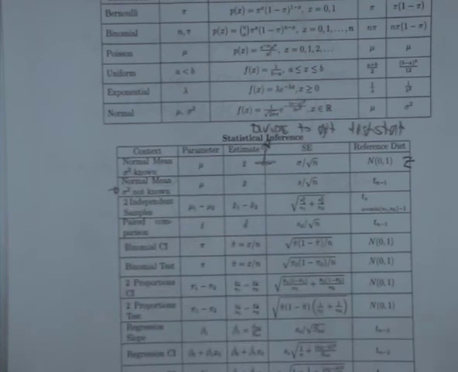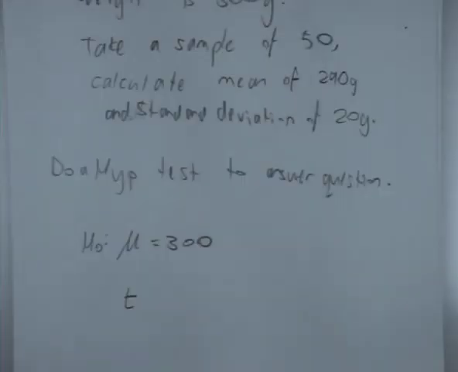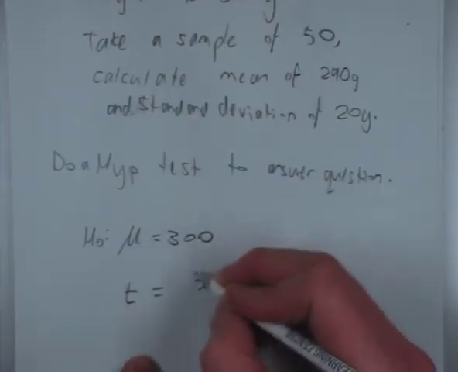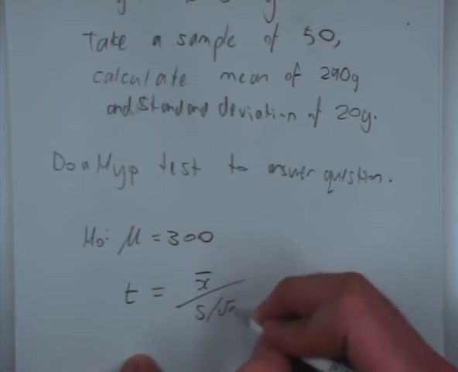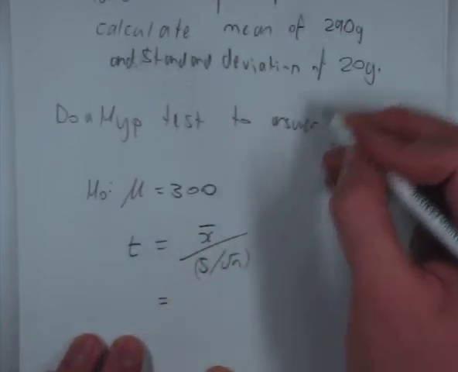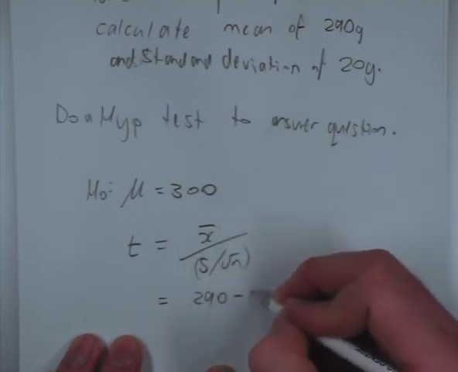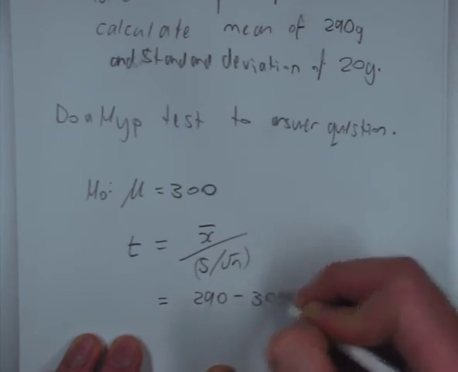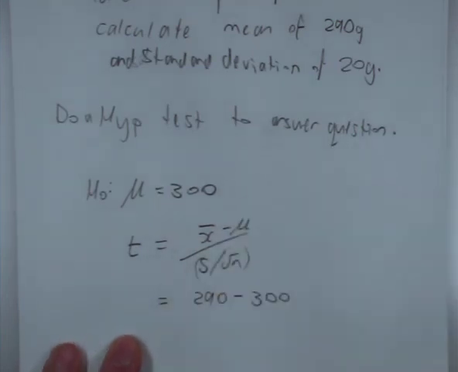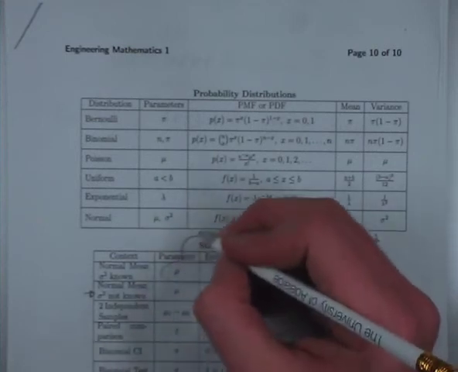Okay, so this says I should use x bar and s on root n. Okay? So t is x bar divided by s on root n. And so x bar would mean the sample mean, which was 290. I need to compare it to the 300. I actually have to subtract the mean. So first we have to subtract these and then divide.